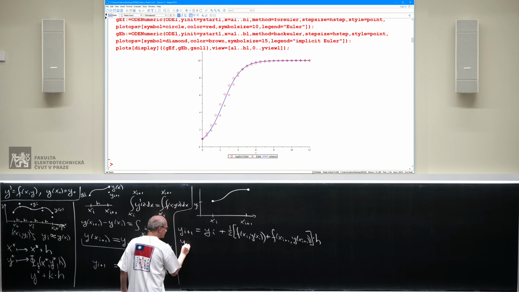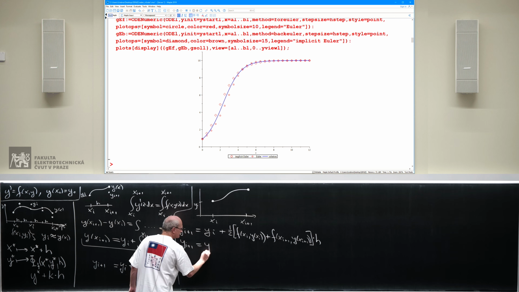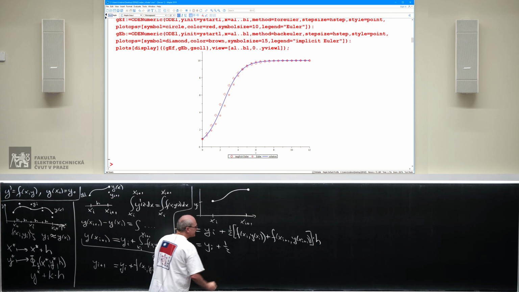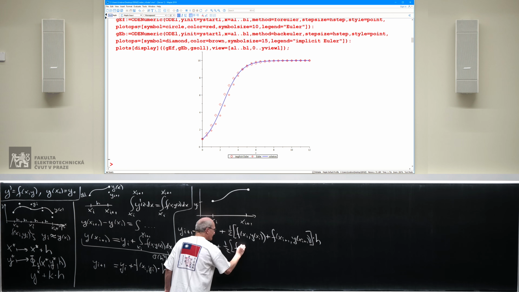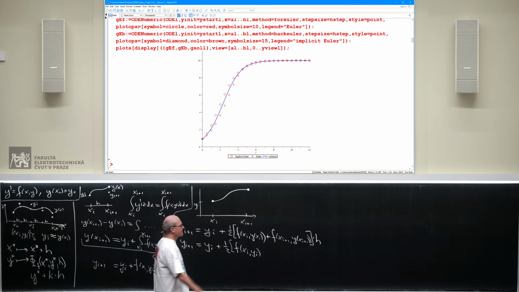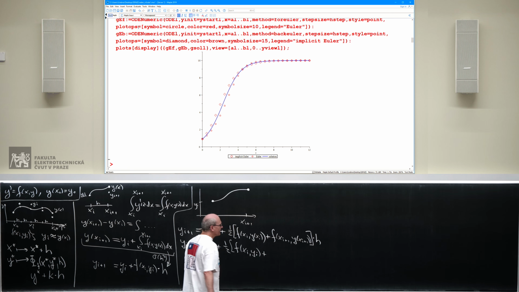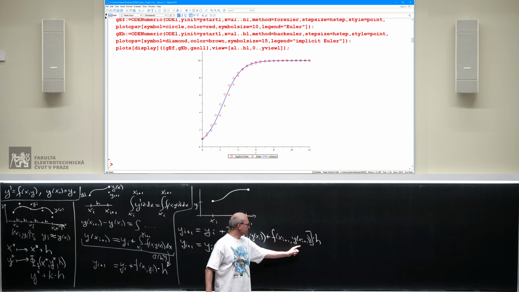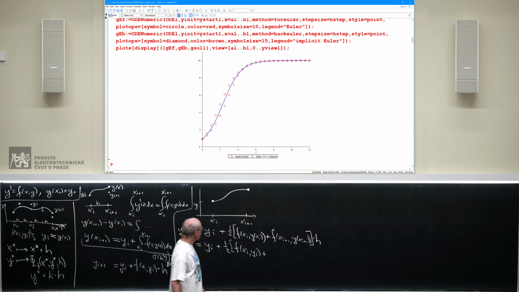First of all, this value is easy to obtain because what we have is actually yi over here. That's the point where we are sitting. And here we have the problem that we do not know the value of the solution at xi plus 1.